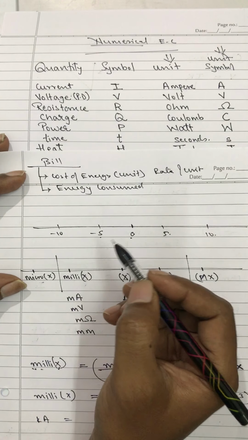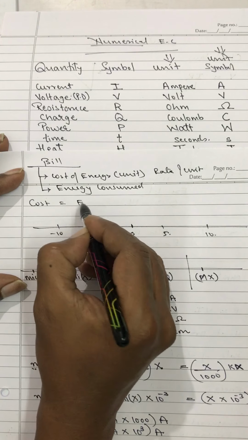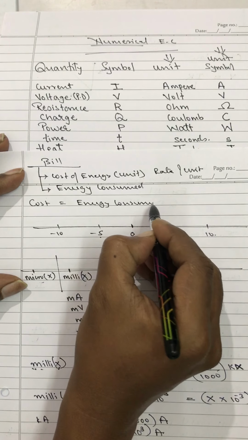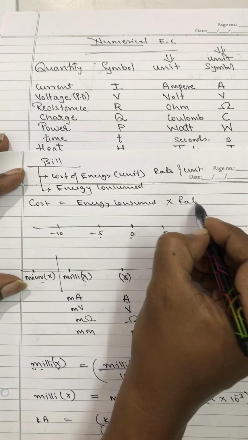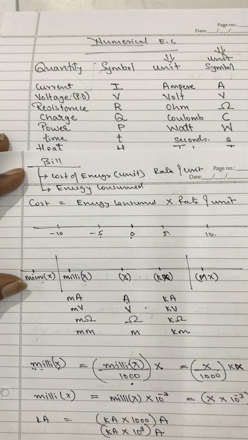Bill, or cost, will always be equal to energy consumed into rate of unit.